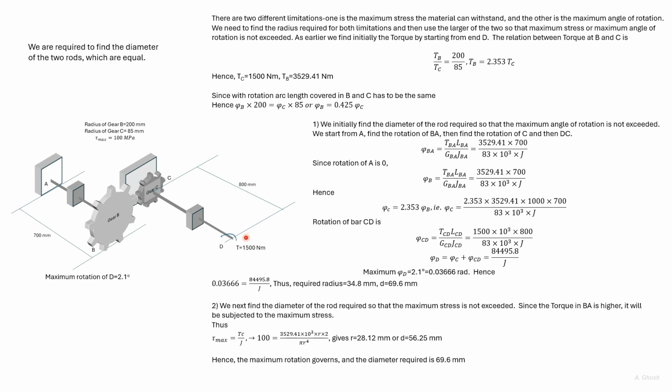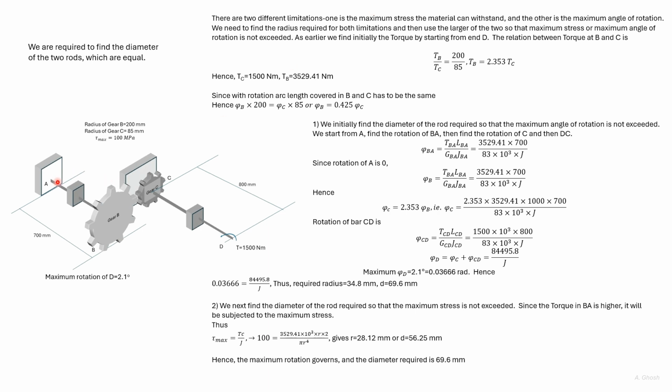To determine torque, we start with this end. So the torque in CD is this value, and the torque in AB is this value multiplied by 2.353. To determine rotation, we start at point A where the rotation is 0.